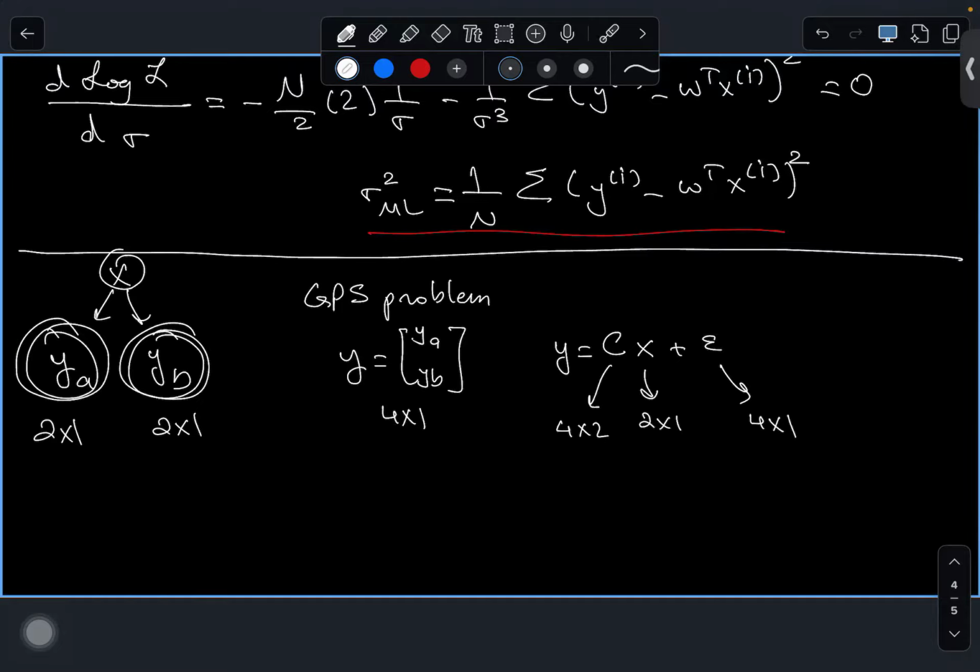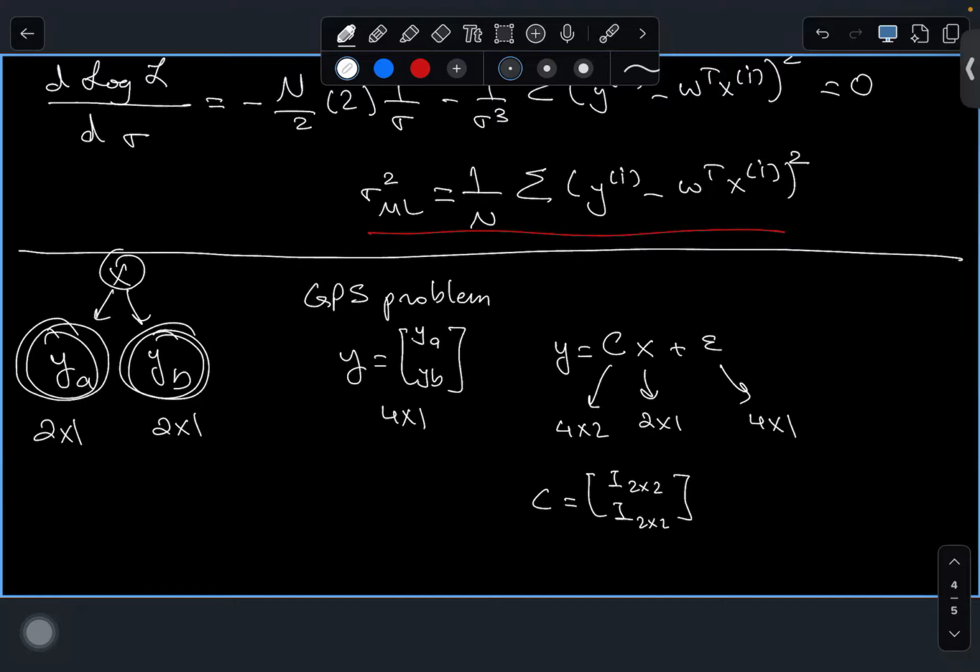Okay, so I believe that on average, these satellites are unbiased. Therefore, I'm going to say C is made up of two identity matrices, each 2x2. I don't have any reason to believe that Elon Musk satellites and the European Union satellites are biased. So C is an identity matrix stacked twice. Therefore, the expected value of each of these variables is going to be the truth.